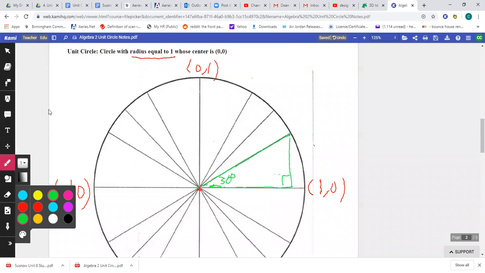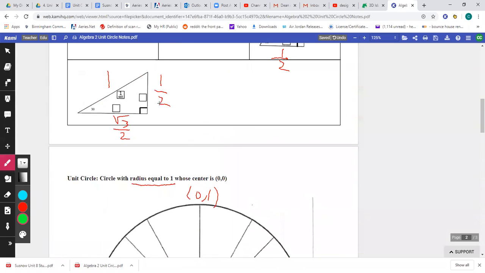Well, I know if this is a 30 and 60, and since this is a unit circle, I know my hypotenuse is 1. But guess what we did already? Look what we did here. We actually made this triangle already. If the hypotenuse is 1, I know this side is 1/2, and I know this side is √3/2.